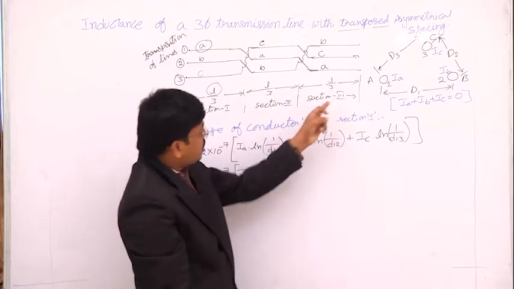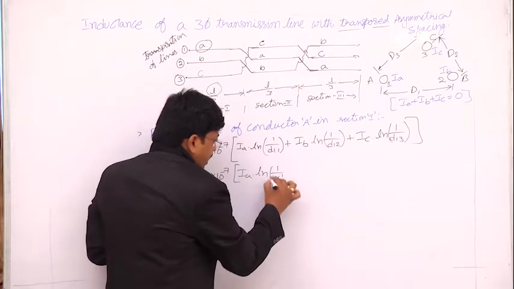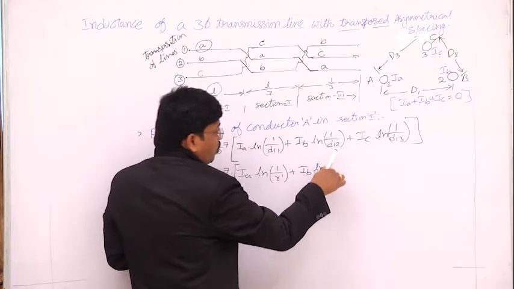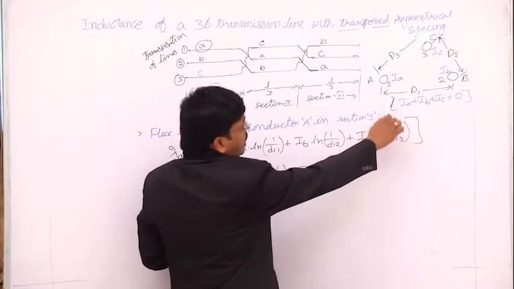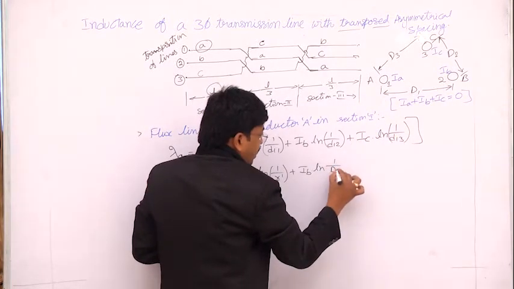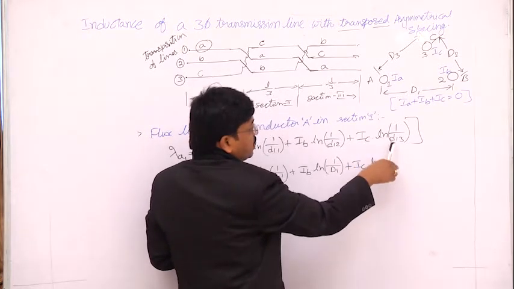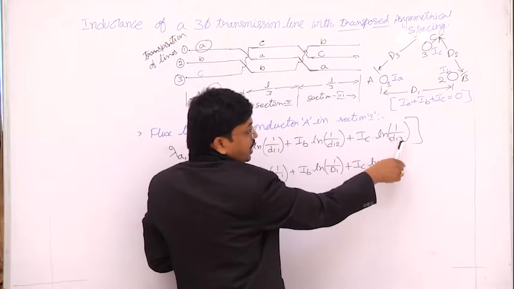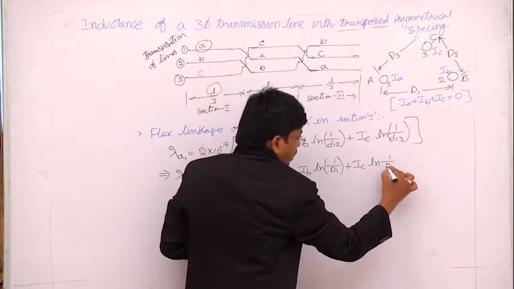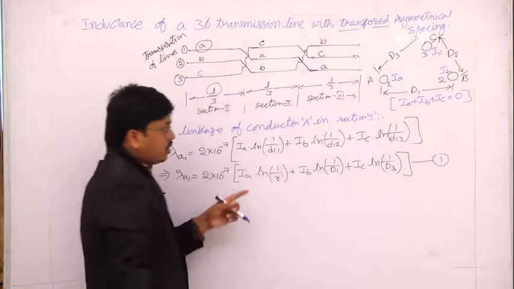D11 is nothing but the distance of conductor 1 to itself, that is its own radius R dash, plus IB into logarithm of 1 by D1, where D12, the distance between conductor 1 and conductor 2, is assumed as D1, plus IC into logarithm of 1 by D3, where the distance between conductor 1 and conductor 3 is assumed as D3. Let it be taken as equation number 1.